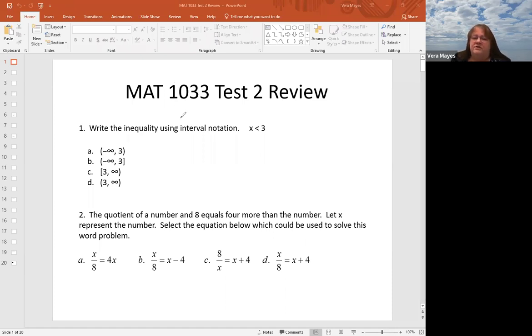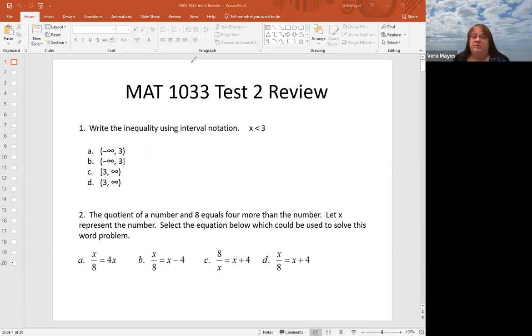All right, so the first one says, write the inequality using interval notation. So with interval notation, you tell me where it starts, you tell me where it stops, and it is important whether you put a bracket or a parenthesis on these.